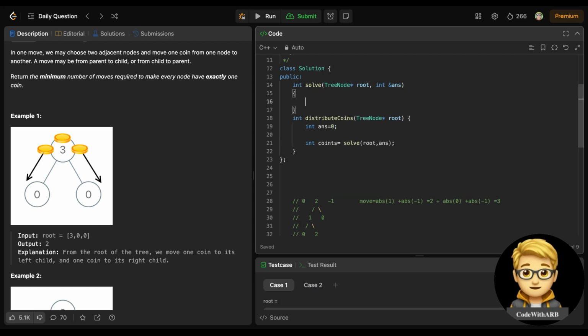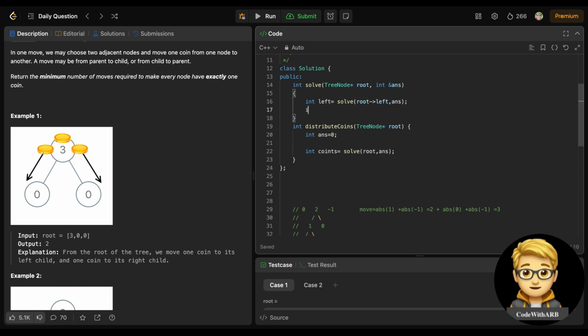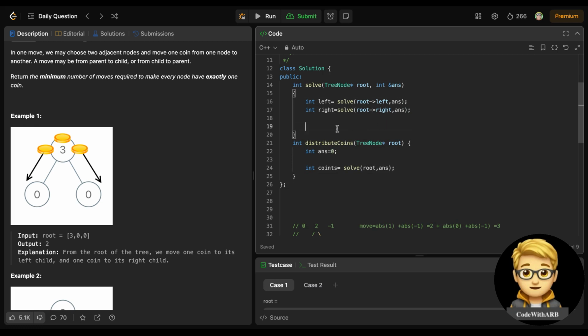Now the first thing is I need to move left, then right, then root. So I will move left, then right, and then I will do some processing on the root part, right?